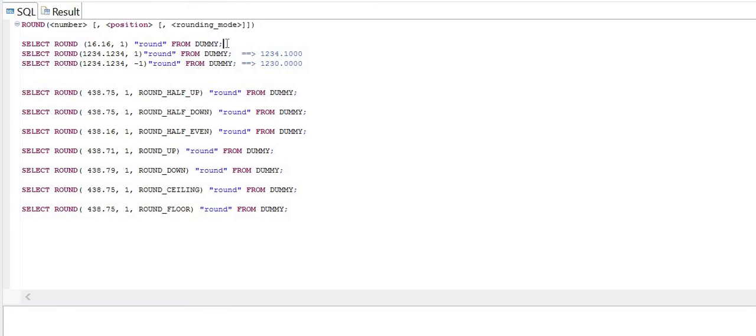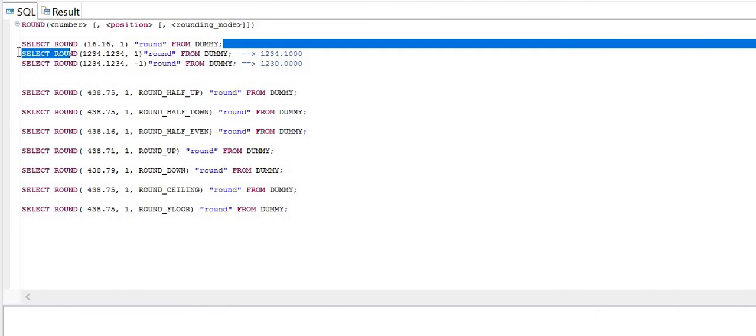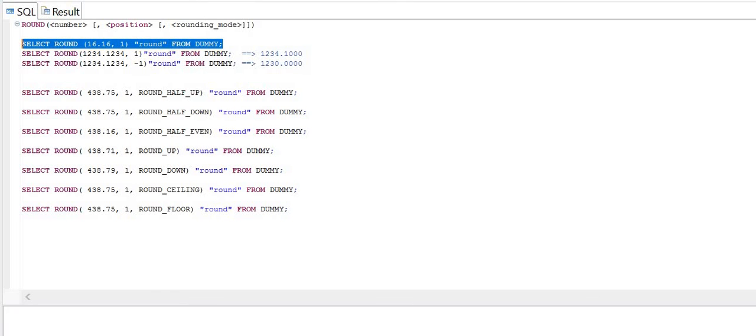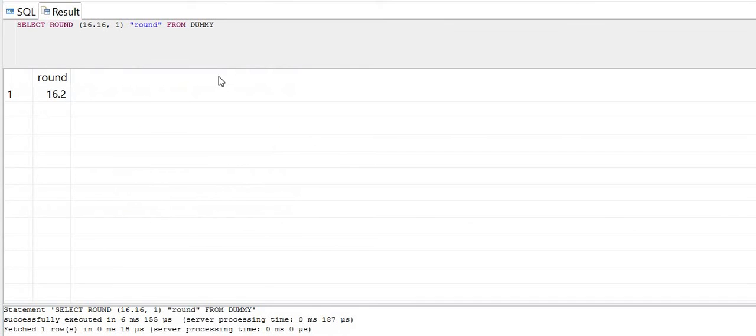So the first one here, I don't have any rounding mode. I will just execute this, and you can see the data. This one is rounded to one decimal.